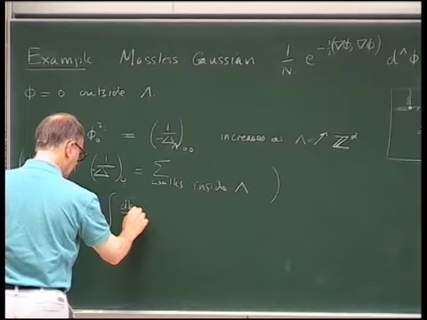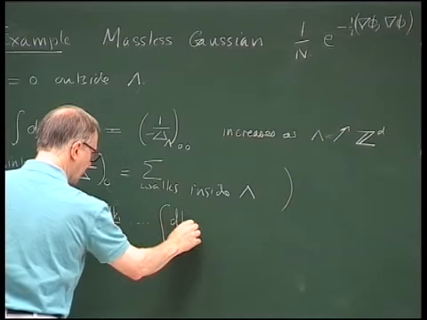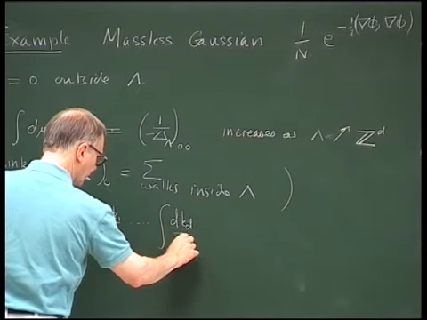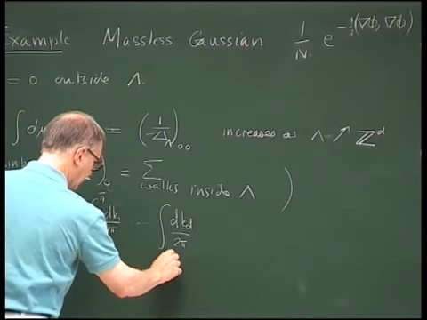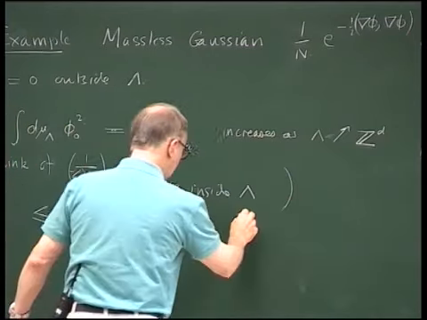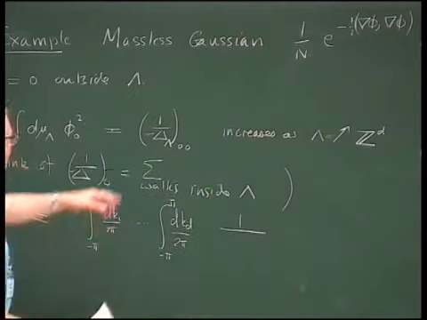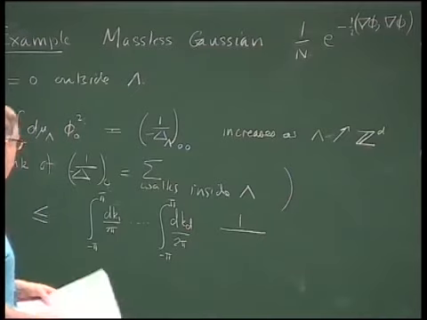dk1 over 2 pi ... dk sub d over 2 pi, in d dimensions. And each of these integrals, as you remember, goes from minus pi to pi over a Brillouin zone, as it's called. And the eigenvalues of the Laplacian you find by letting them act on plane waves like Tom did.